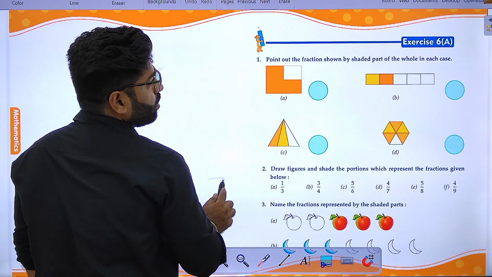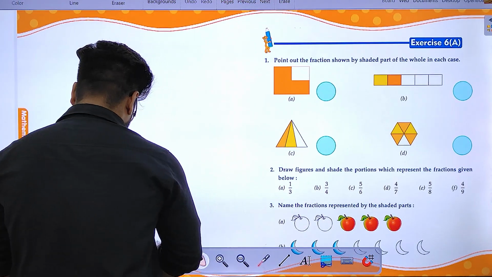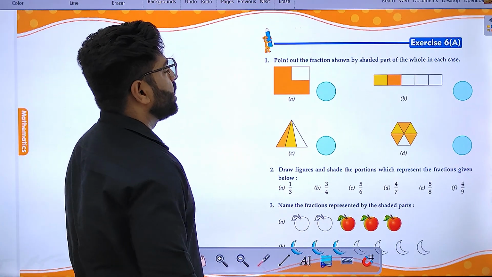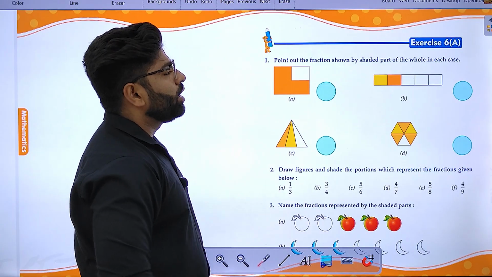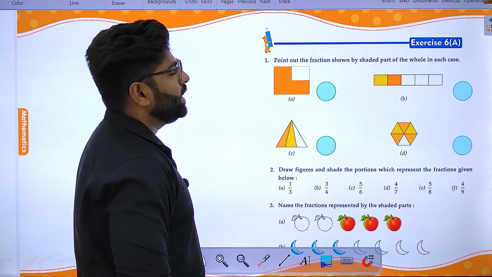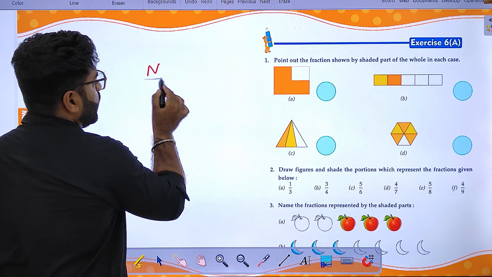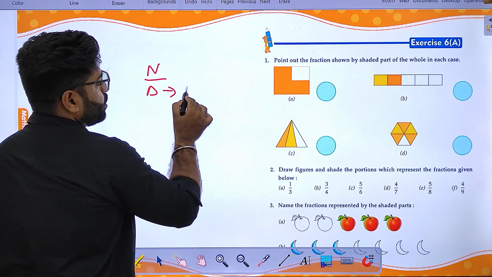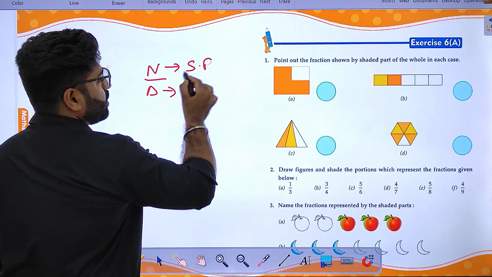So we are going to solve our exercise, that is 6A. Here we are having question number 1. Point out the fraction shown by the shaded part of the whole in each case. So here we are having numerator and denominator. Denominator shows total parts and numerator shows shaded parts.